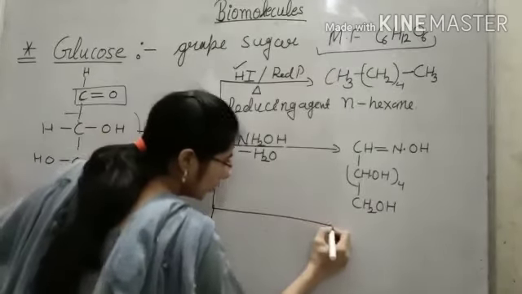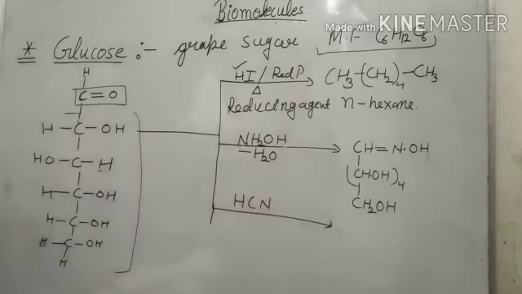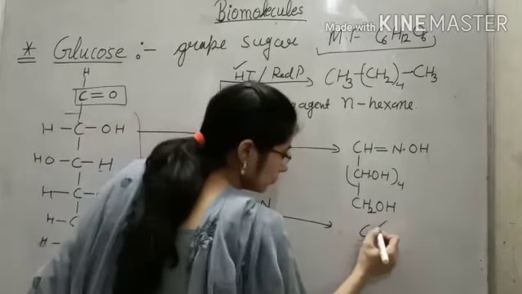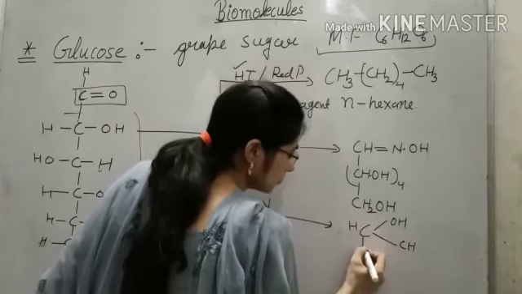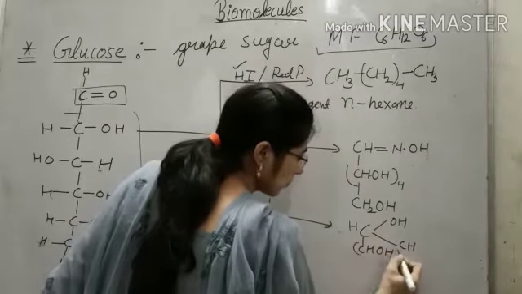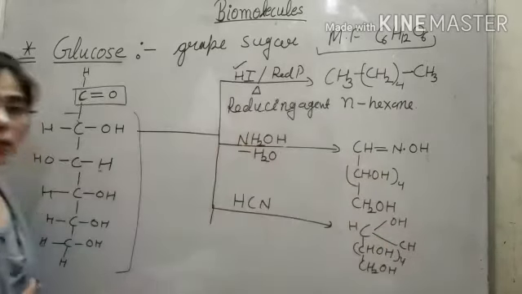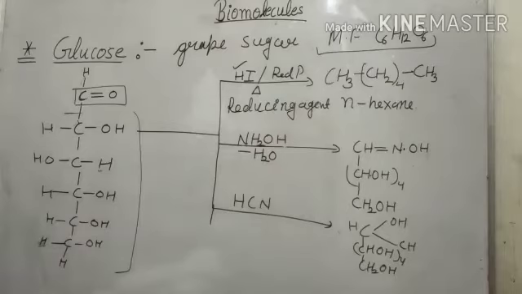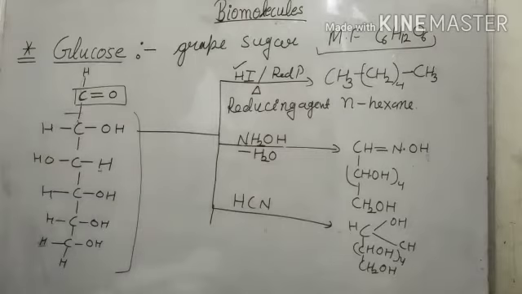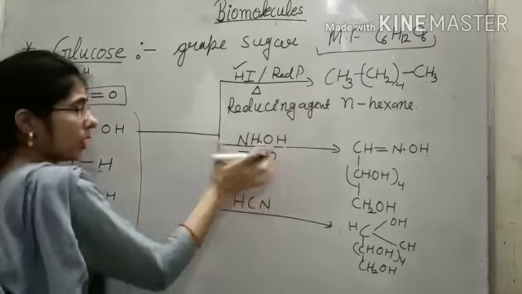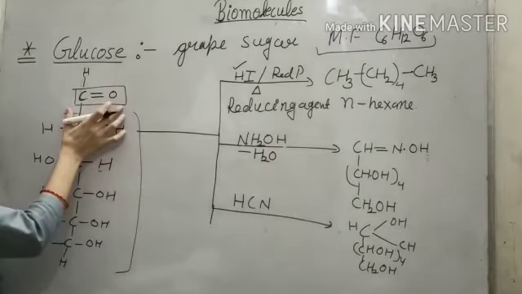Similarly, when it reacts with HCN, hydrogen cyanide, a cyanohydrin is formed. These two reactions suggest that glucose contains one carbonyl group.